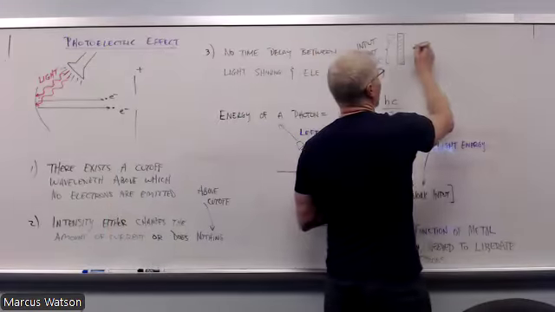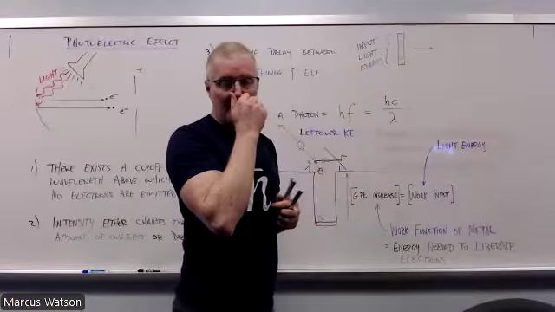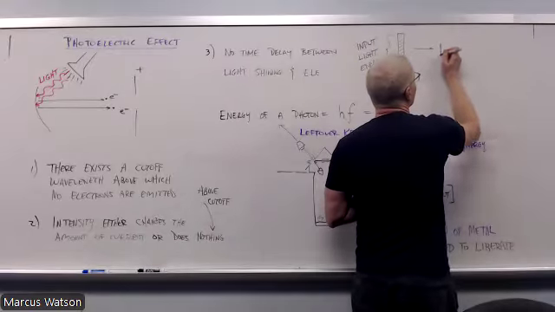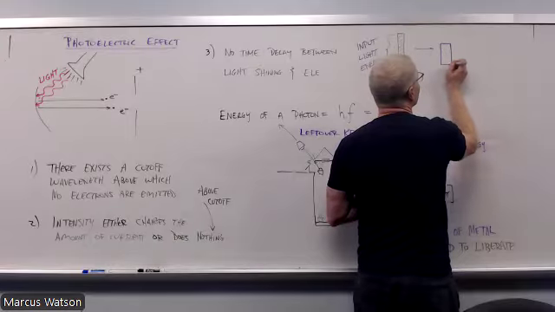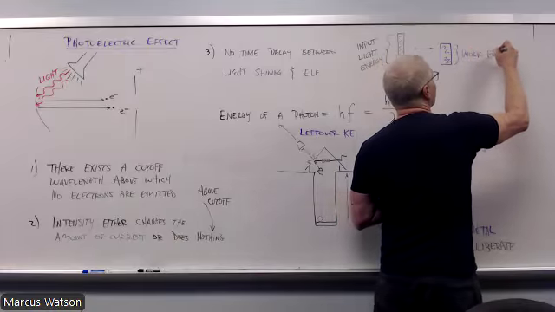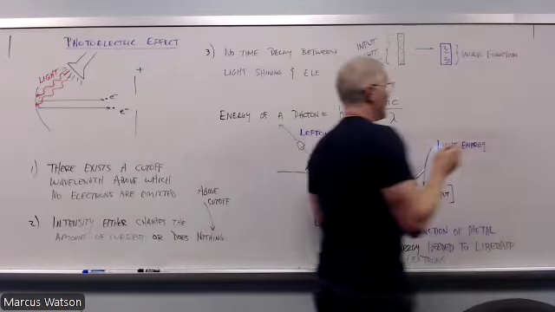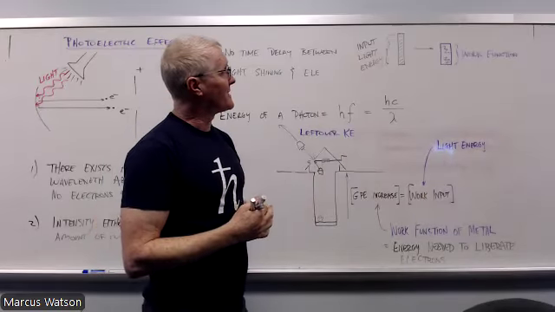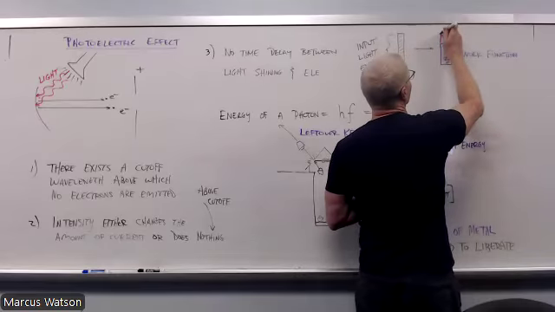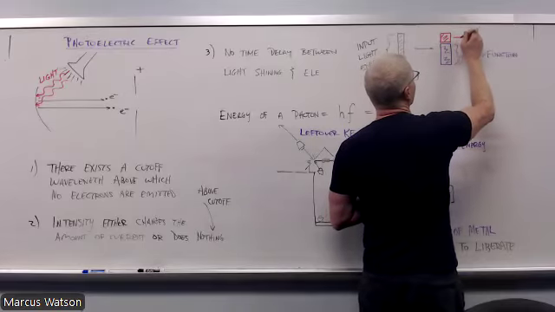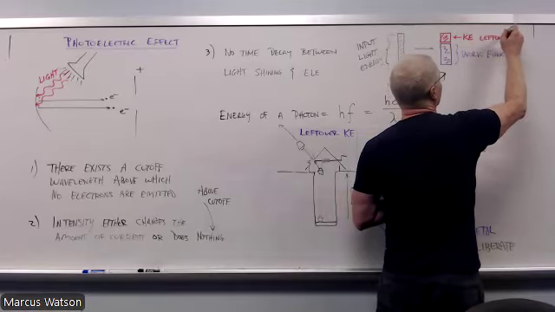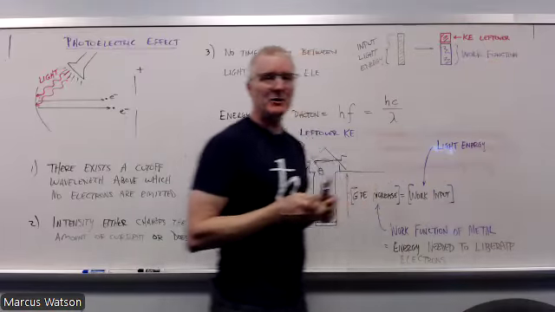What's going to then happen is that's going to move into the potential energy, or the work function that is necessary to remove the electron from the metal. Right? And if there's any left over, then that goes into kinetic energy of the electron. Right? That's electron kinetic energy.